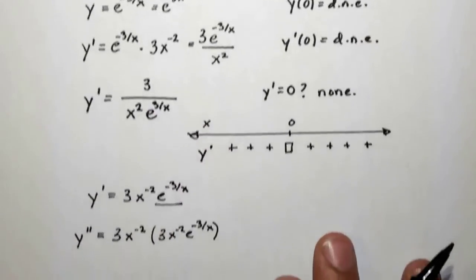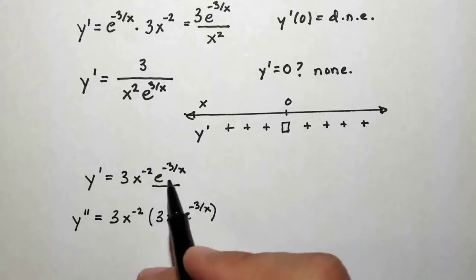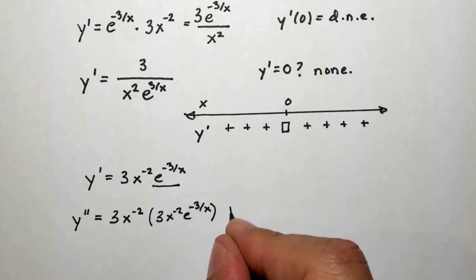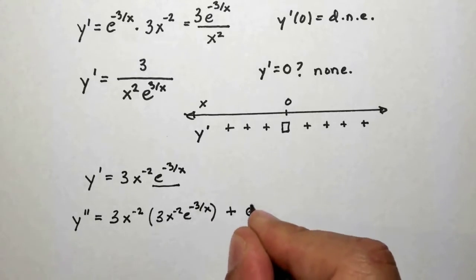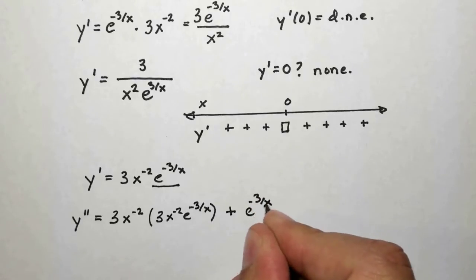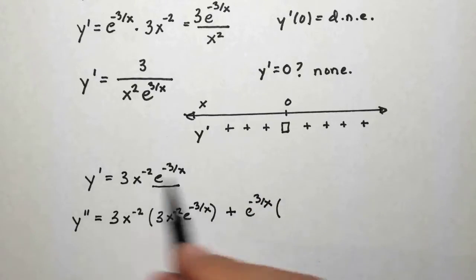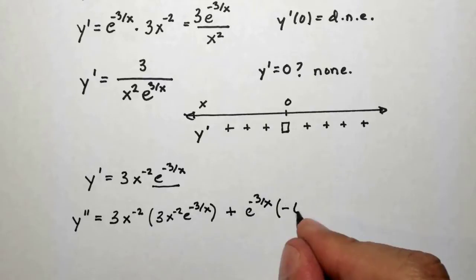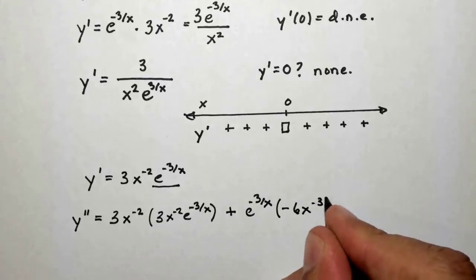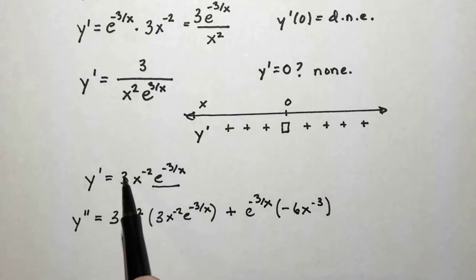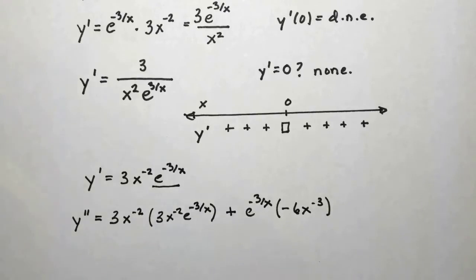So that's the derivative. So the first times the derivative of the second plus the second times the derivative of the first. Well, the derivative of the first is going to be a negative 6x to the negative 3. We bring down that negative 2, making that a negative 6, and then subtract 1 from the exponent.